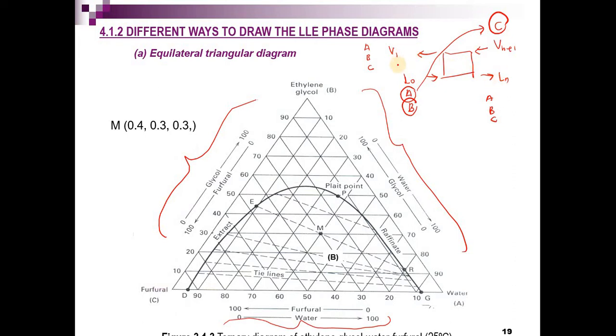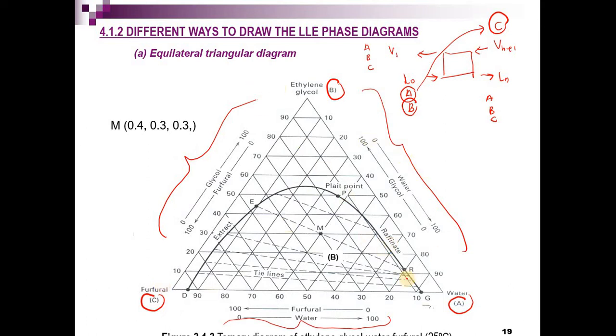Okay, so in this system, as you can see, we have 3 sides representing the 3 components. Here we have water as component A, ethylene glycol as component B, and furfural as component C. You can put these three components at any side, this all depends on you.